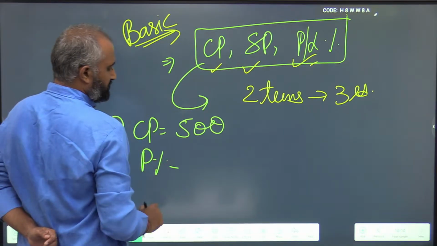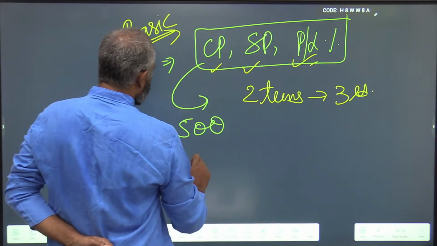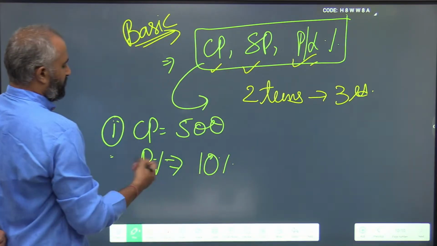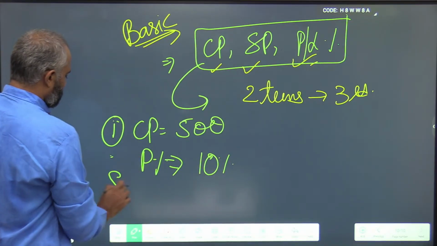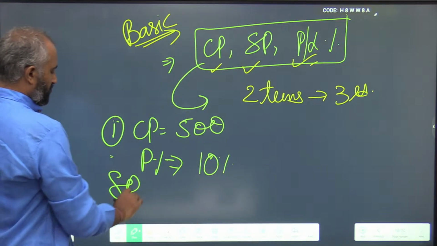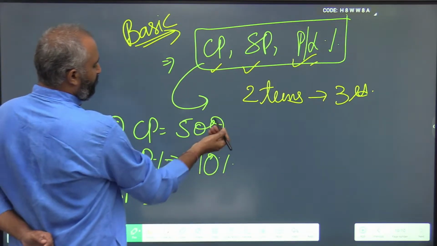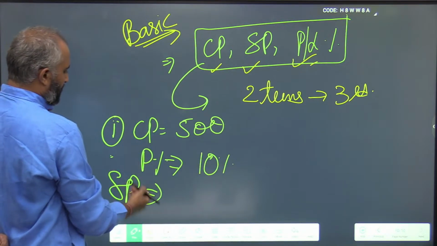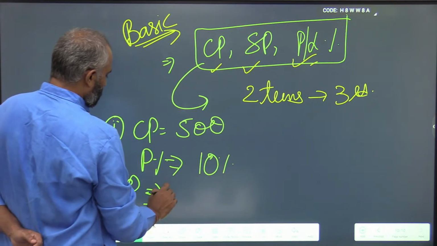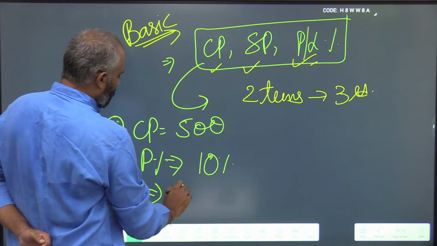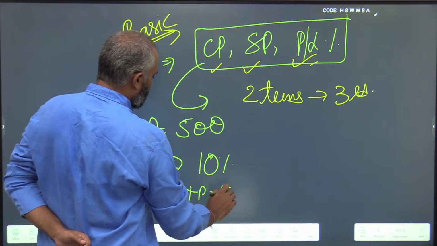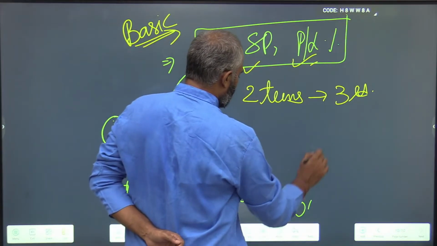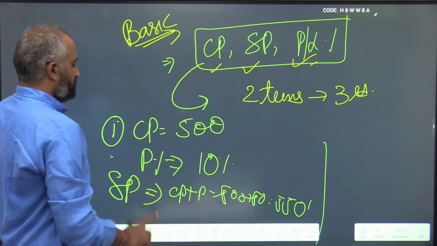Profit percentage is 10%. What is the SP? 10% of 500 is 50, and we know that SP is equal to cost price plus profit. So 500 plus 50 is equal to 550. Okay. This is one way.